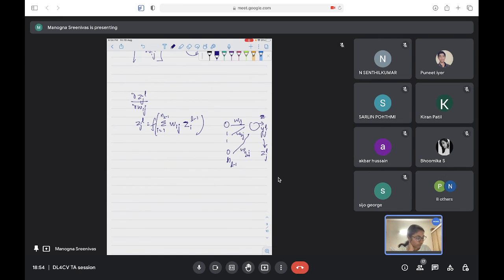So let me write this as Y. So Zj of L is f of Yj of L. By applying the chain rule here, this Yj is a function of these W's, right? So ∂Zj(L)/∂Wij(L).